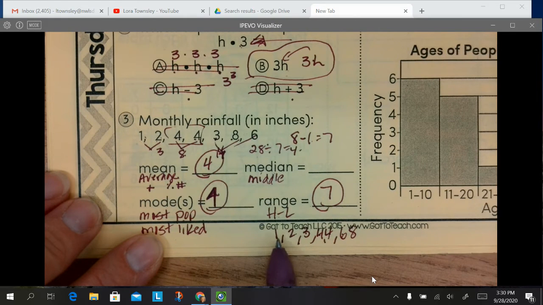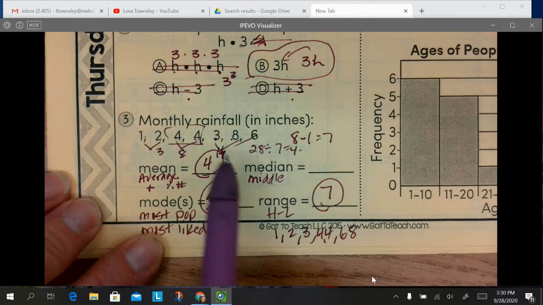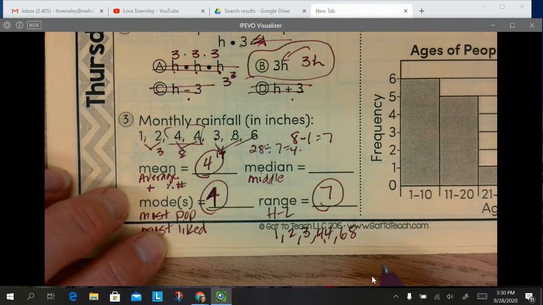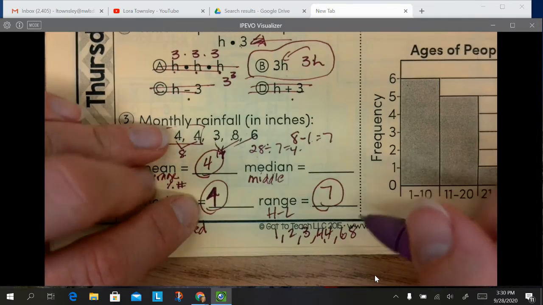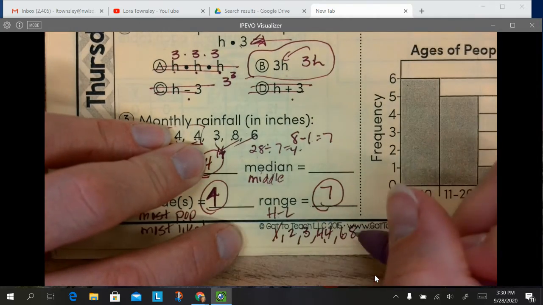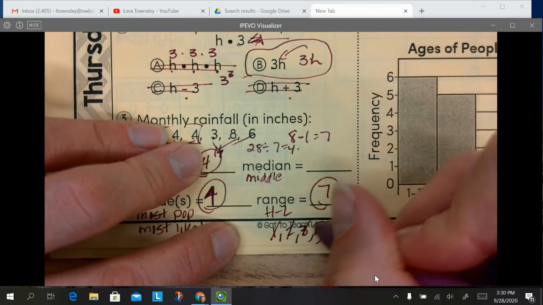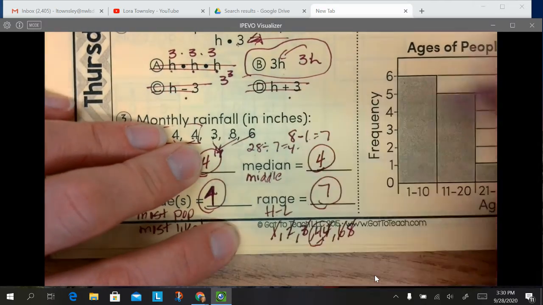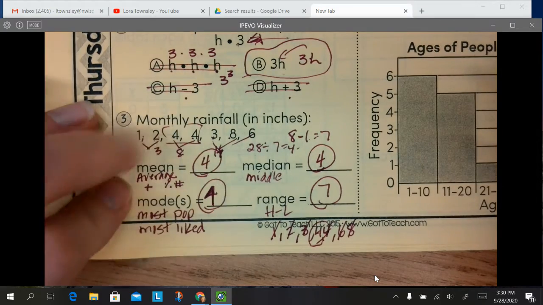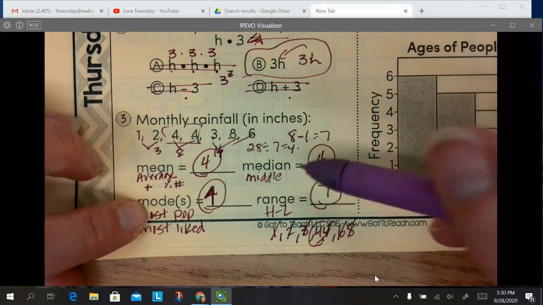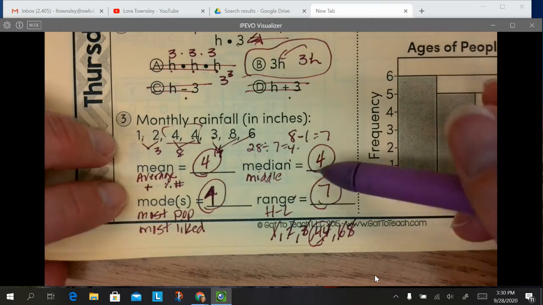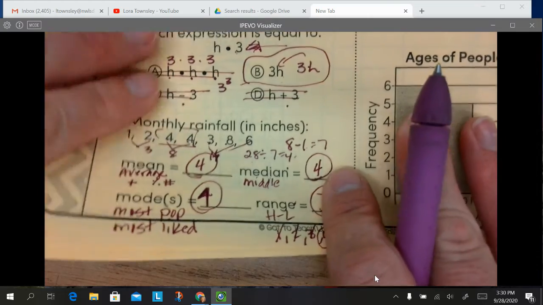Do you see how I put these in order? Then to find your median, you start crossing off the top and the bottom, top and the bottom, and look, the middle number is 4. So that's how you work through those: the mean, the mode, the median, and the range. If you need to review that again, make sure you rewind it and look at it.